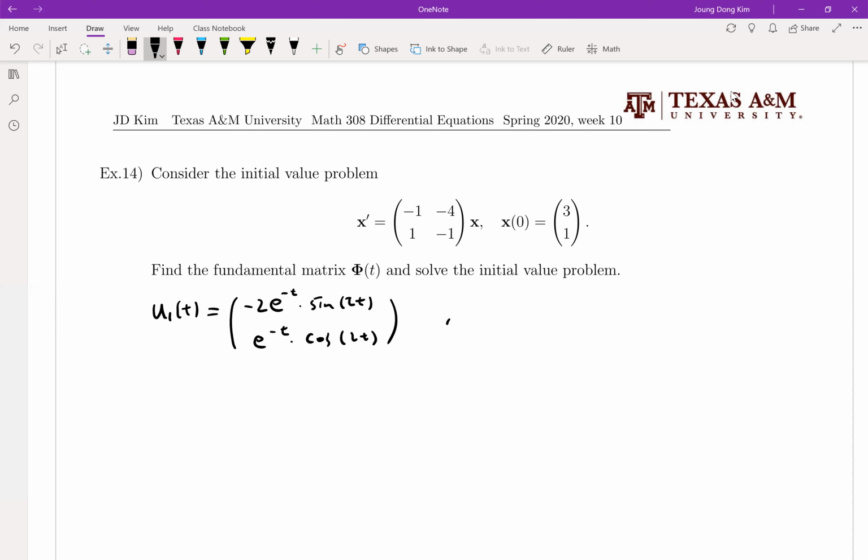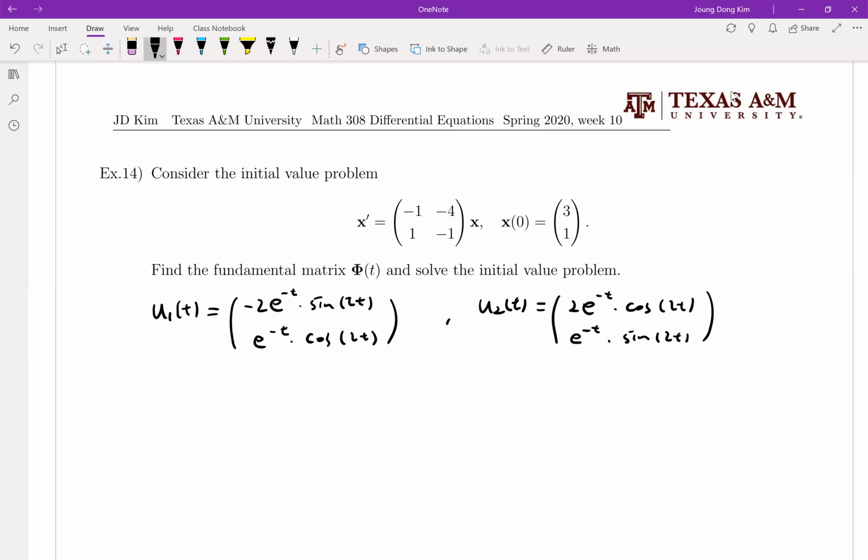And the second one, u2, is 2 e to the minus t cosine 2t, and e to the minus t sine 2t. That's what we found from the eigenvalue and eigenvector in the previous video.